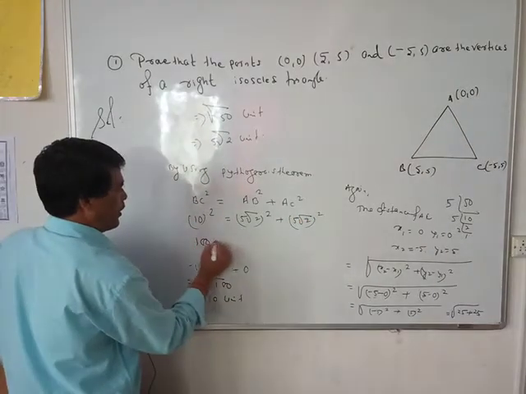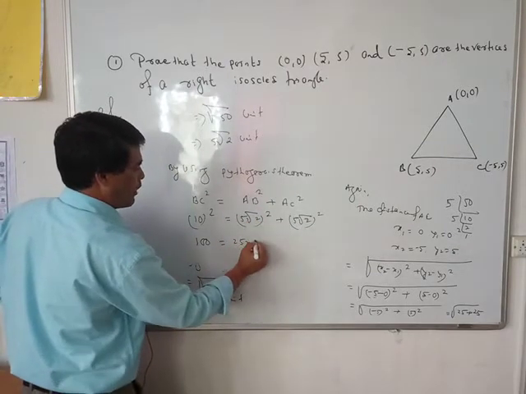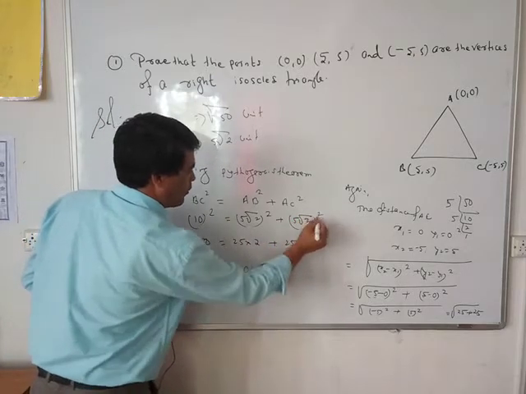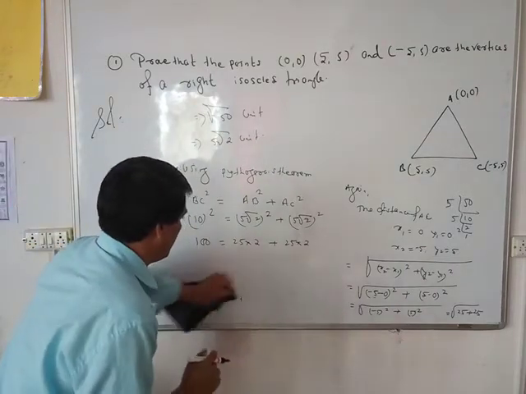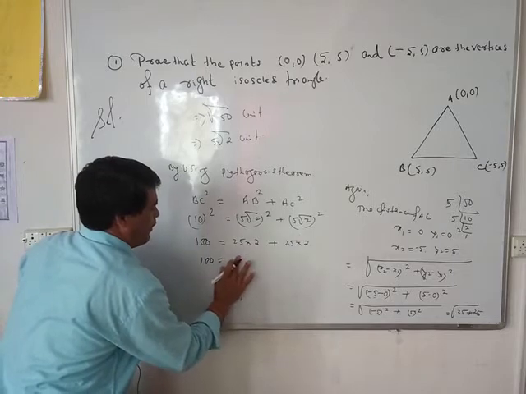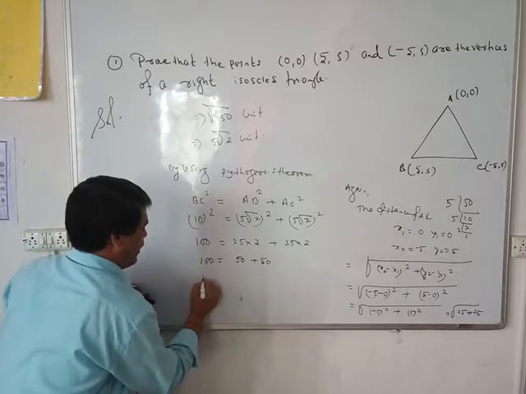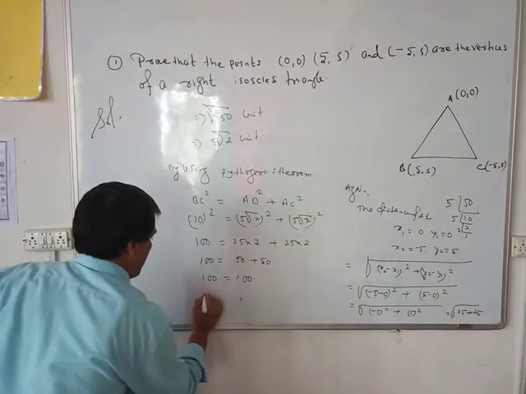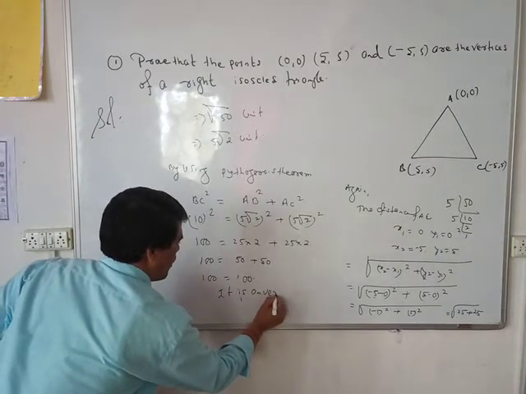Then 10 square is 100, and 5 square is 25, root 2 square is 2, plus again 5 square 25, root 2 square 2. Then we got 100 equal to 25 times 2, 50, plus 25 times 2, 50, that is 100.